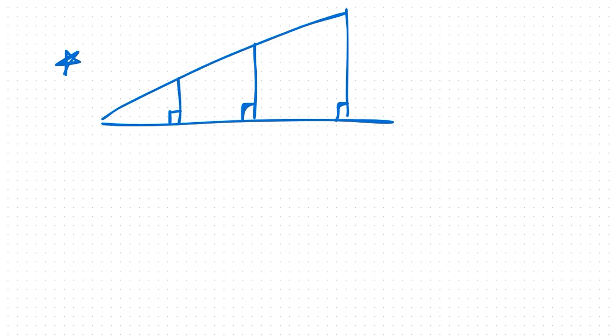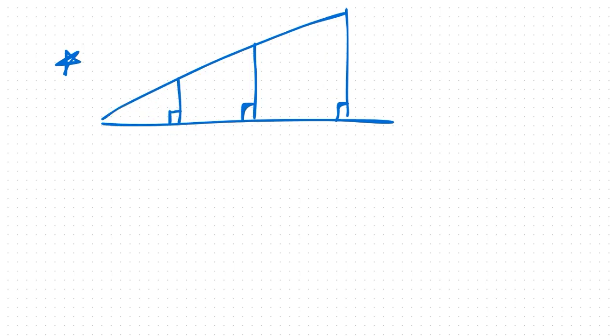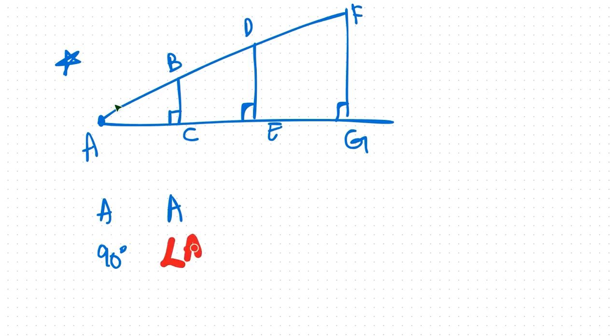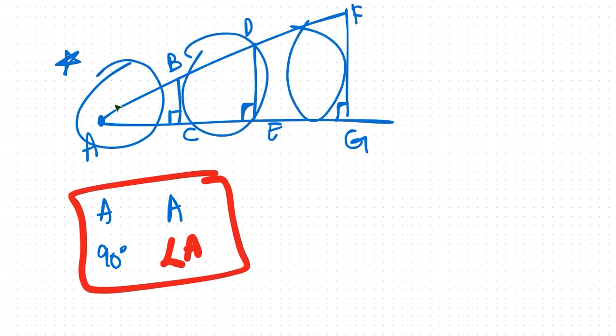Just 3, right? So basically, this, this. What do they all have in common? The 90-degree angle. Is that all? They have the same angle, over here, angle A. So another angle is angle A. So the AA criterion says that all of these triangles are similar.